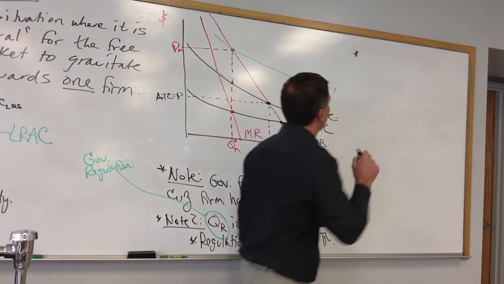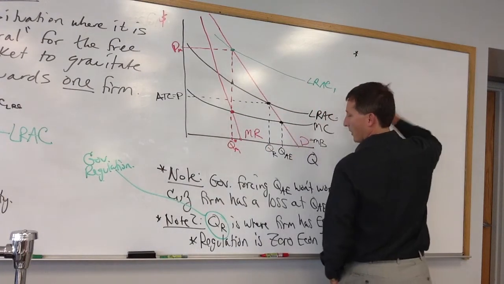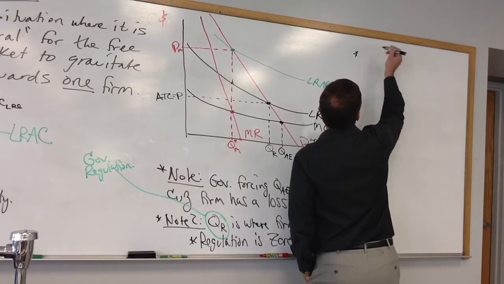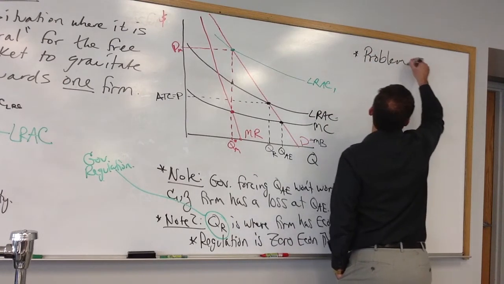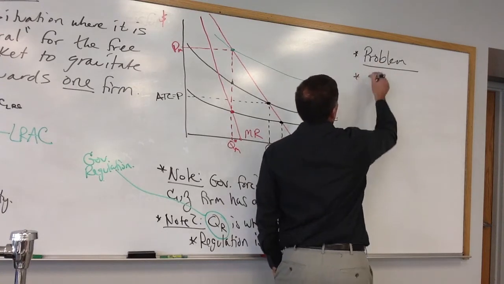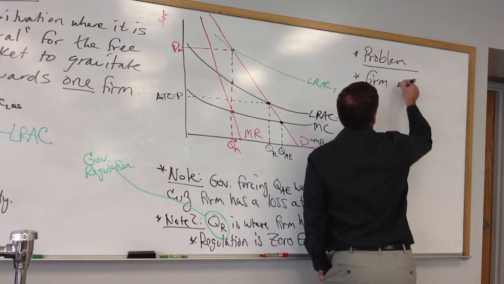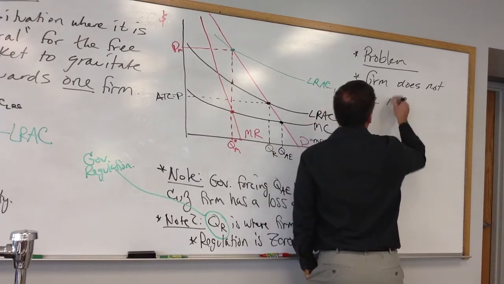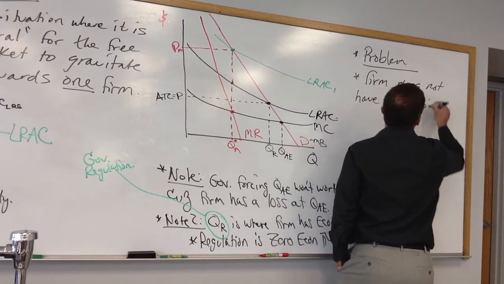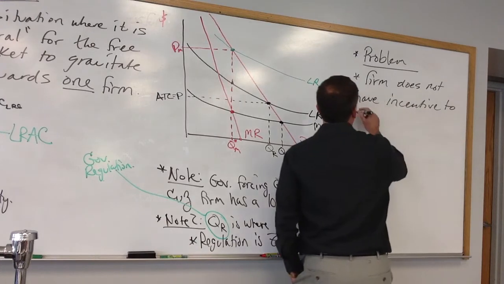Let me give a stab at it so that everybody gets it down. Here's the problem that we see in monopolies in this situation. The firm does not have incentive to minimize costs.